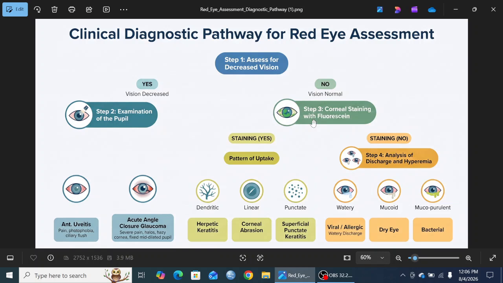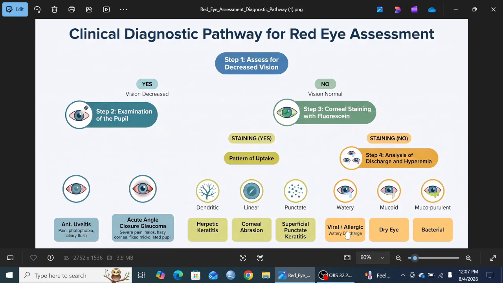then you can stain the cornea. If there is no staining, then you can just analyze the type of discharge and the type of reaction on the conjunctiva. You can ask the patient if the discharge is watery, mucoid, or mucopurulent. If the patient is having watery discharge, then you can think about viral or allergic conjunctivitis. And between these two, you can differentiate by the reaction.